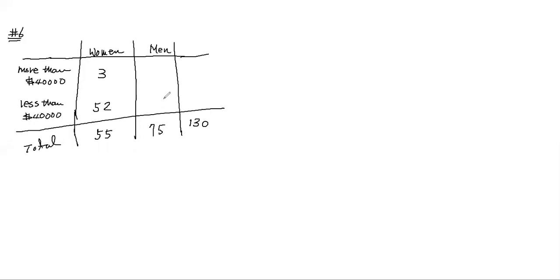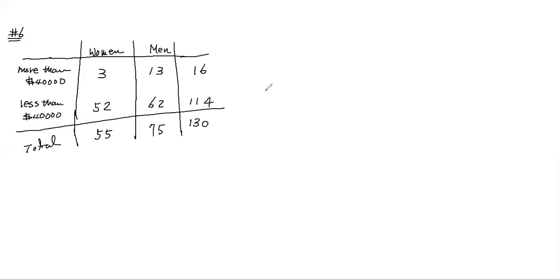They said 62 men earned less than. So 62 is here, earned less than. Now, if 62 earned less than, that means I have 13 earned more than. Then I can add here also. So I have 16 total earning more than 40,000, and 114 earning less than 40,000.